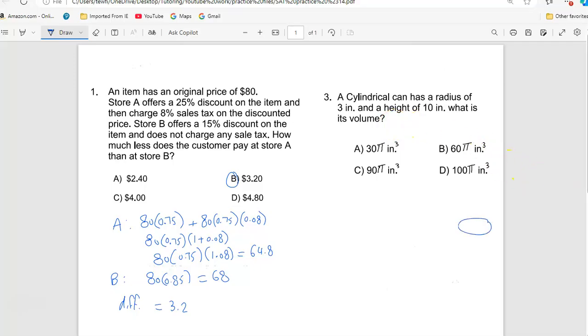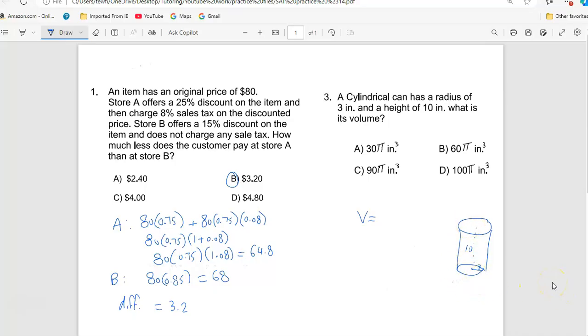So if you visualize, we have a cylinder shape, and this is the height, and they give us the height. The height is 10, and the base is a circle, and the radius of that circle is 3. So to find the volume of a cylinder, you multiply the area of the base, which is a circle, by the height.